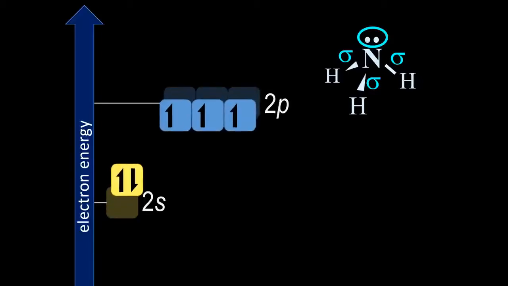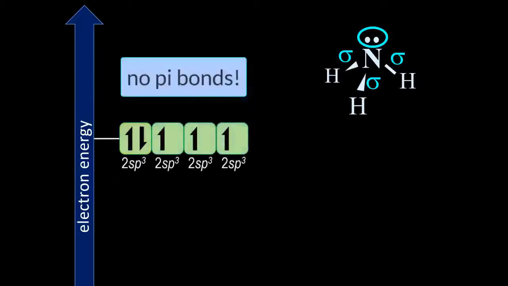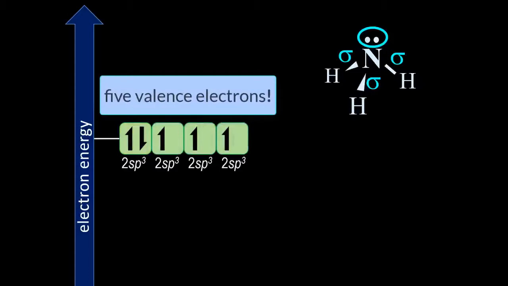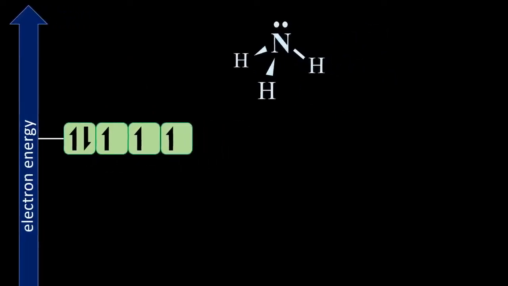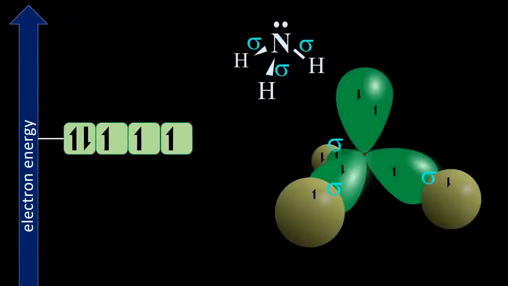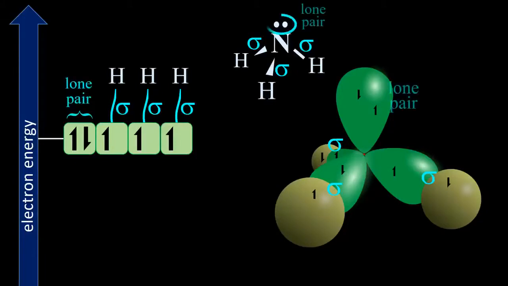The hybridization is 2sp3, and nitrogen has 5 valence electrons, so one of the 4 2sp3 hybrid orbitals has a pair of electrons. The 3 sigma bonds come from the sp3 orbitals with a single electron, so they can pair up, and so the remaining electron pair is a lone pair, an unbonded pair of electrons.